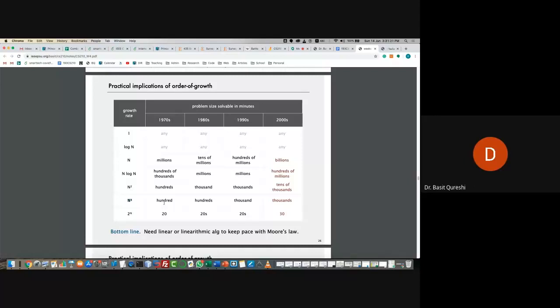So in the 1970s, if the computer was able to process only 100 instructions, nowadays it will be only 1,000 instructions. All right, this is really interesting. The last one is exponential. So imagine if you have a program that runs in exponential time.